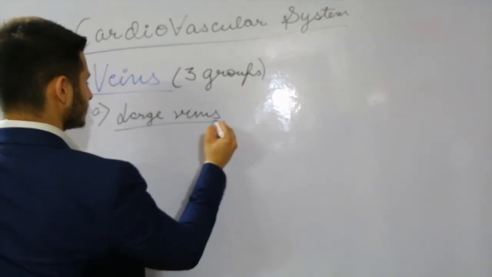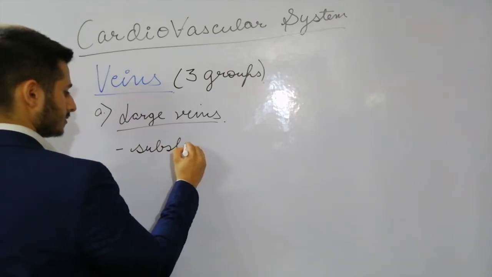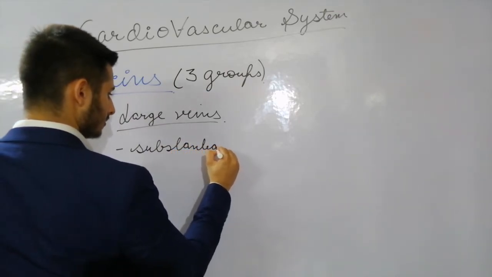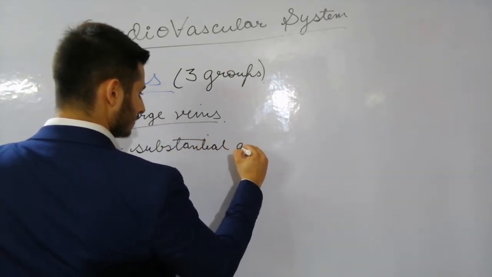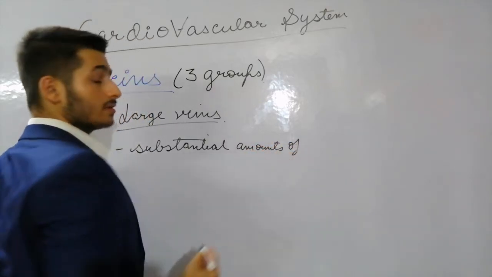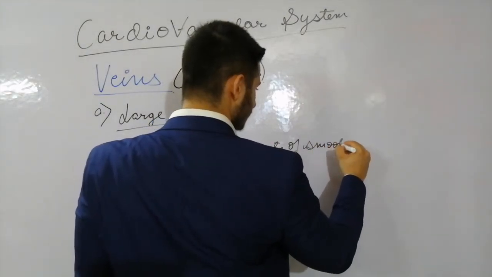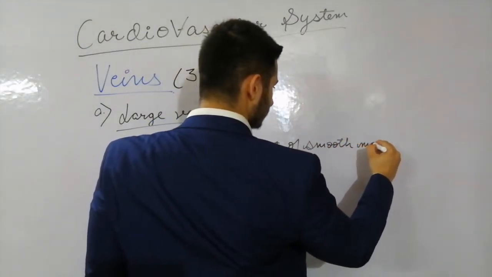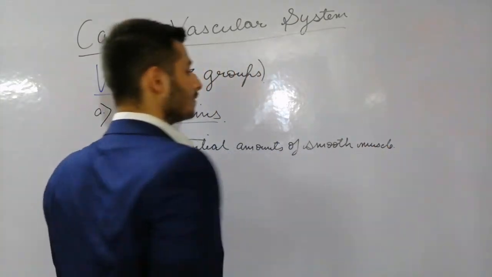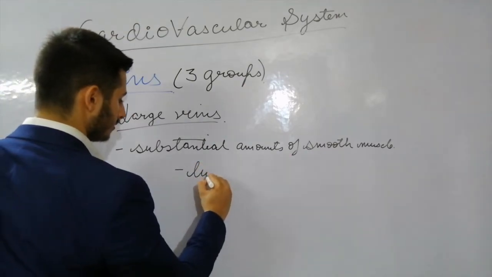These veins have substantial amounts of smooth muscle in the tunica media.